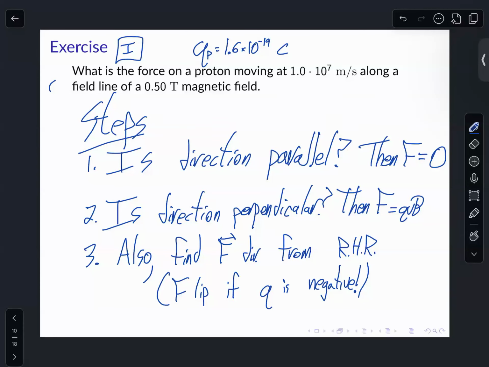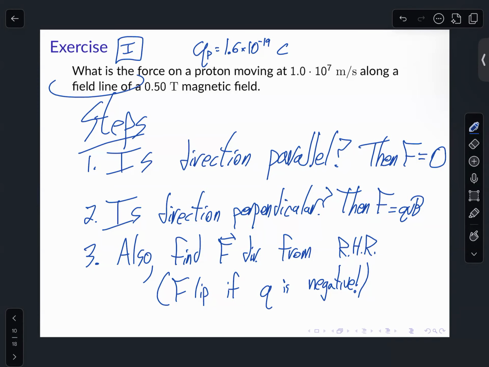If I move along the field line, am I moving across the field direction or along it? I'm going along. 0 was the answer. That's the first case.